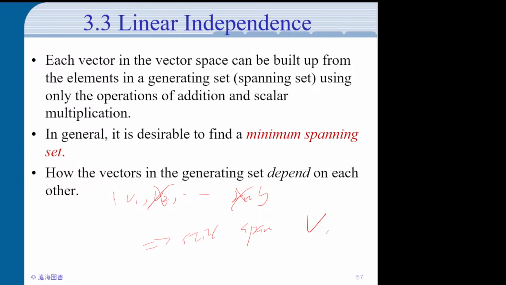We'll see that it actually depends on how those vectors linearly depend on each other. So that's why we have linear independence and linear dependence.